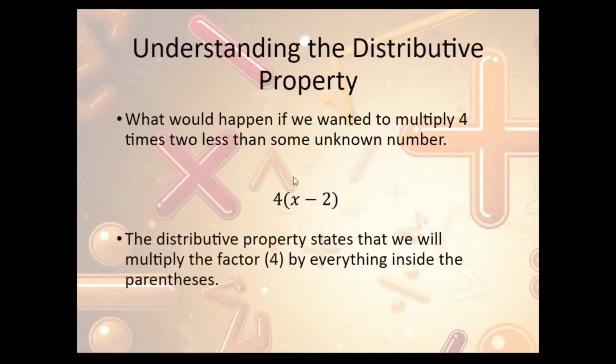So this becomes 4 times x and 4 times negative 2. And then we can just go ahead and combine whatever terms we can combine at the end. So in this case, we get 4x minus 8. Because 4 times x is 4x, and 4 times negative 2 is negative 8.